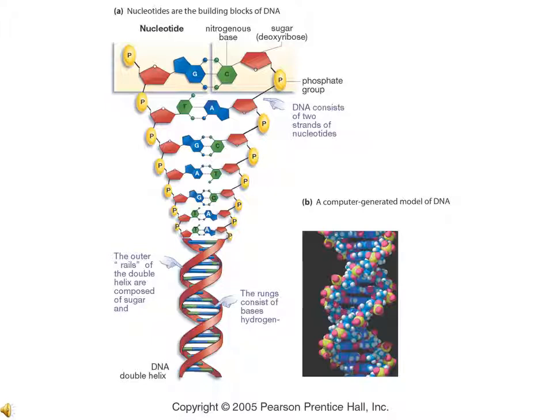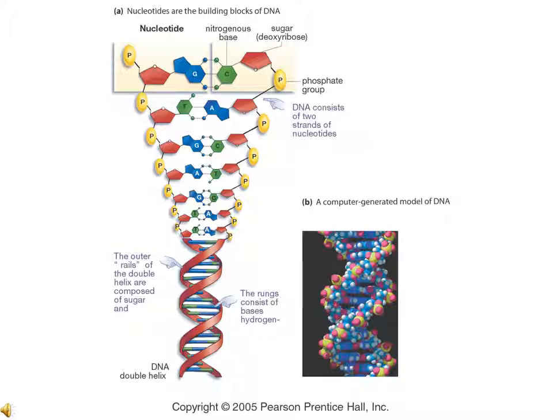But nucleic acids consist of DNA and RNA. The basic structure of the nucleic acid is the nucleotide. The nucleotide, as you can see on the left, is made up of a phosphate group, a sugar, and a base. There are 4 different types of nucleotides: adenine, guanine, cytosine, and thymine.